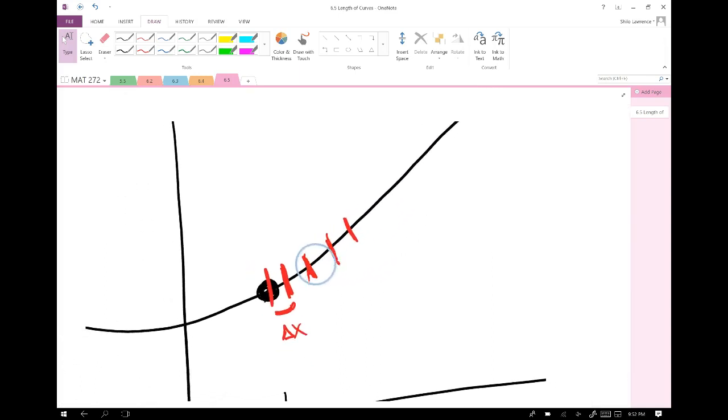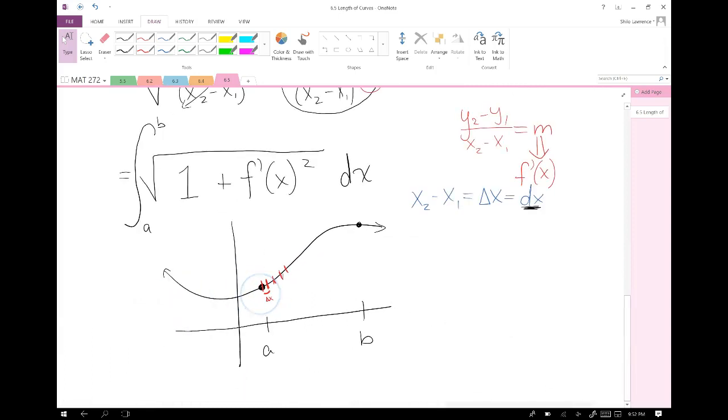So each of these subintervals could use the straight line distance formula, as long as we use each individual subinterval's slope and length. So that's why we're using f prime of x for that specific subinterval, and we need the length of that subinterval, which is the dx. And we want to do this for all those tiny little subintervals from a to b.